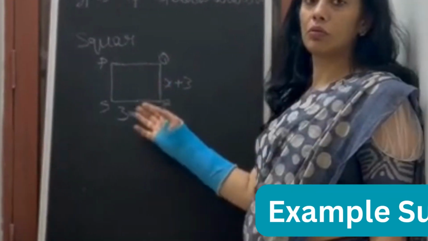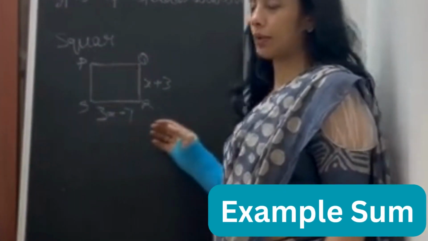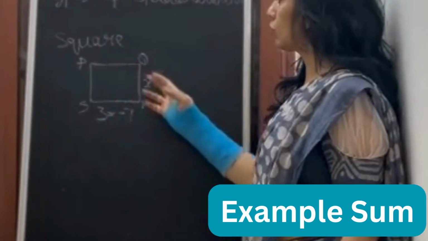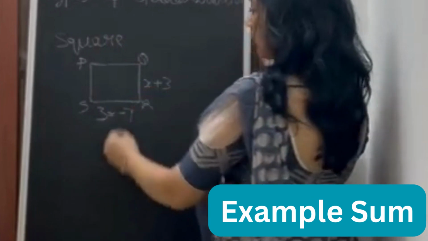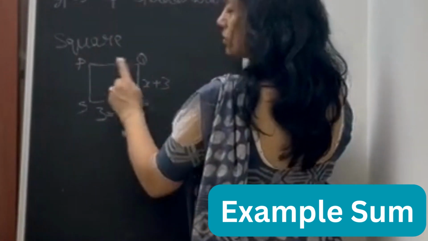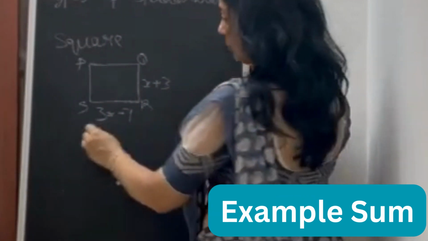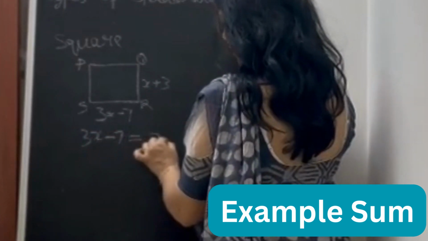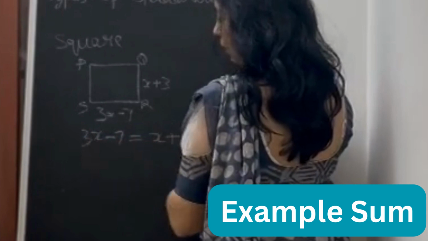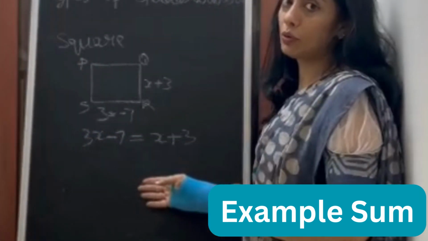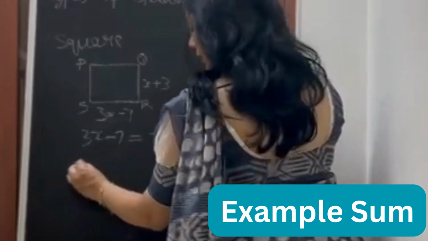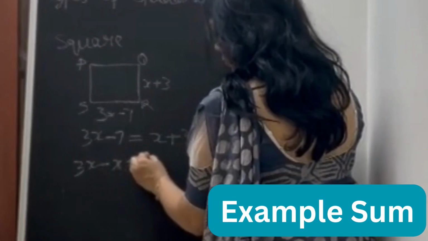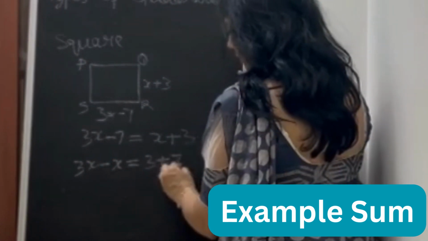Here I will teach you how to find the sides of a square. They have given you the measurements of two sides and told you to find the other two sides. So how will I do it? Because it is a square, all sides are equal to each other. 3x minus 7 is equal to x plus 3. How will you solve this in algebra? The same method. 3x minus x equals 3 plus 7.